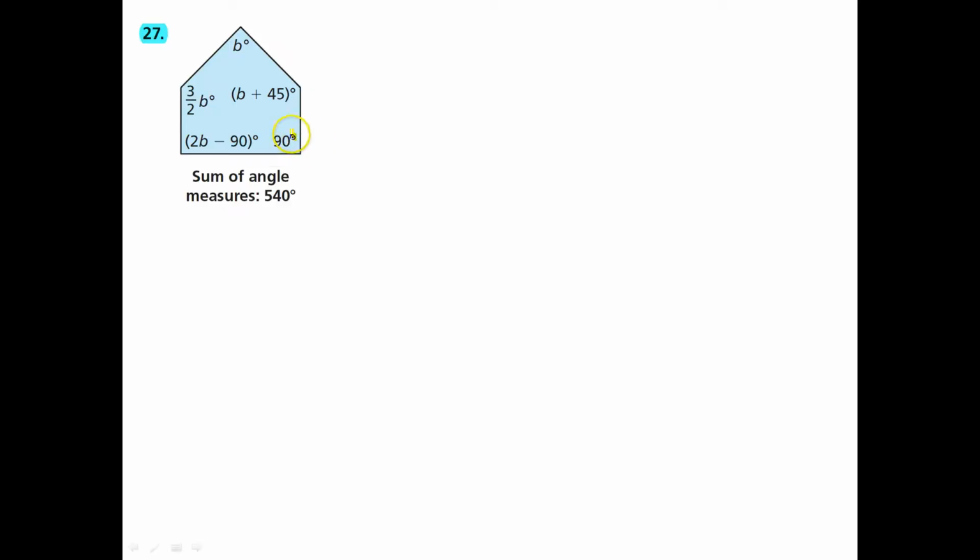So that means if we add up this angle measure plus this angle measure plus this angle measure plus this angle measure plus this angle measure, it'll add up to 540 degrees. So that would look like this.